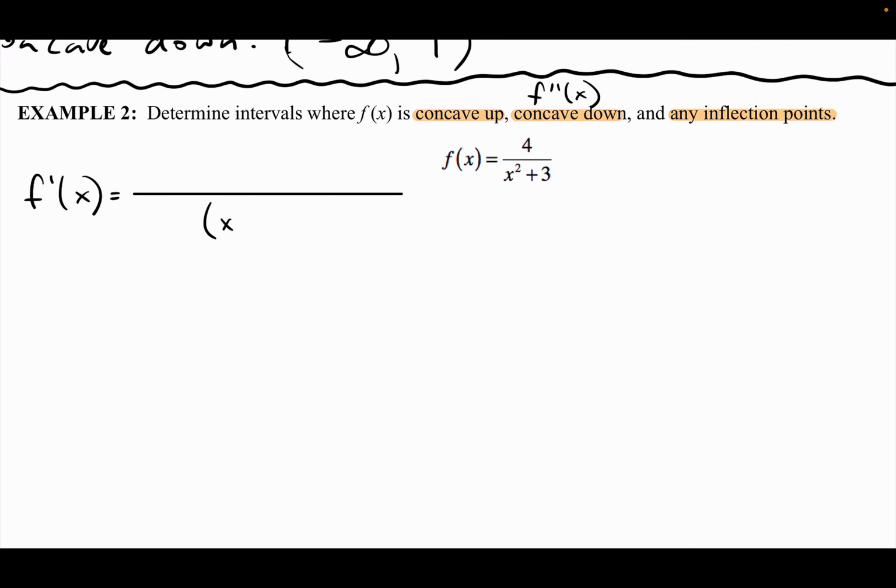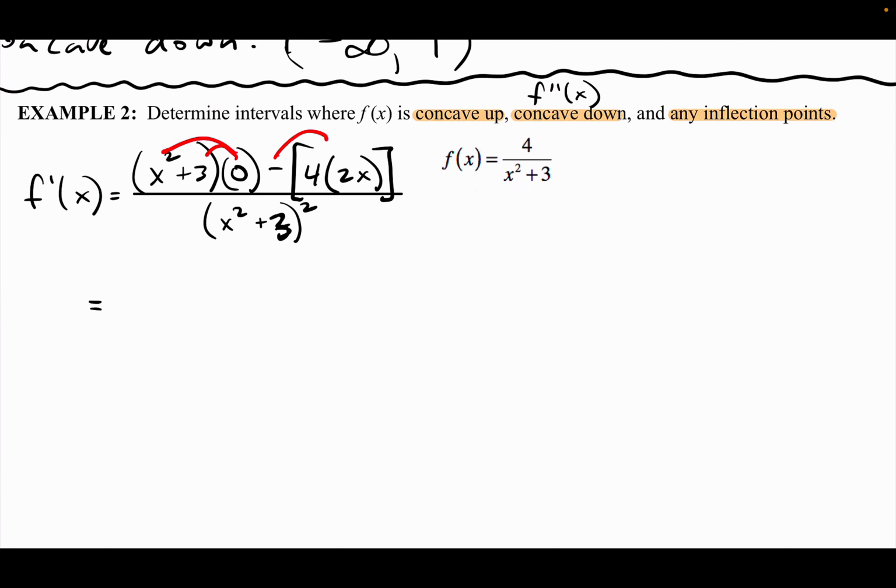Okay, so low squared. Quotient rule says low times the derivative of the high, which is 0, minus the high times the derivative of the low. So if I distribute a 0, it's just going to be 0.